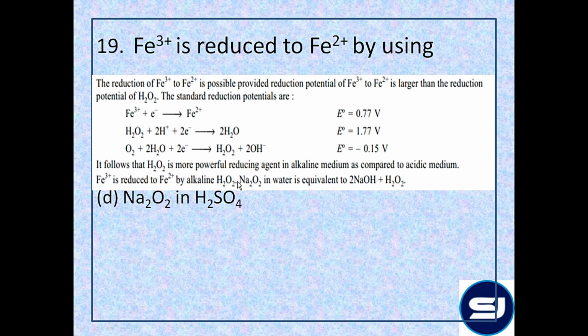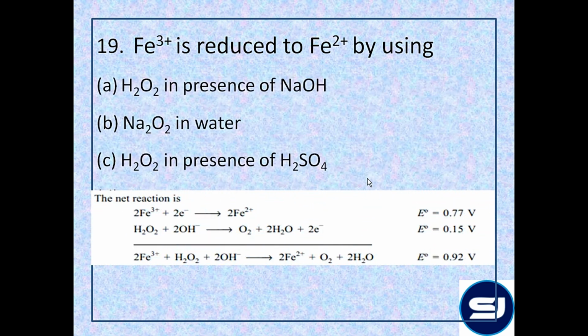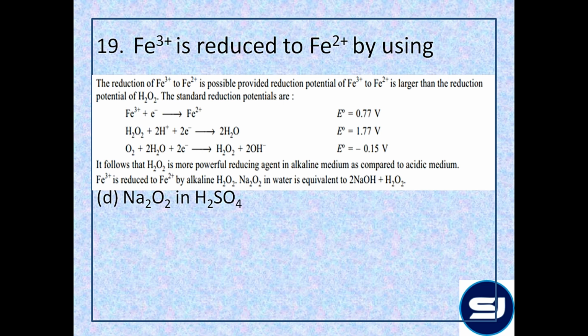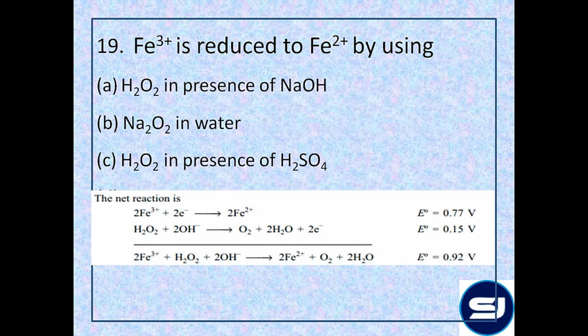And as I discussed, Na2O2 in water is equivalent to NaOH and peroxide. Also, the net reaction would be, if we reverse that reaction, H₂O₂ in alkaline medium, we get the SRP of 0.15 volt. The negative will change to positive.